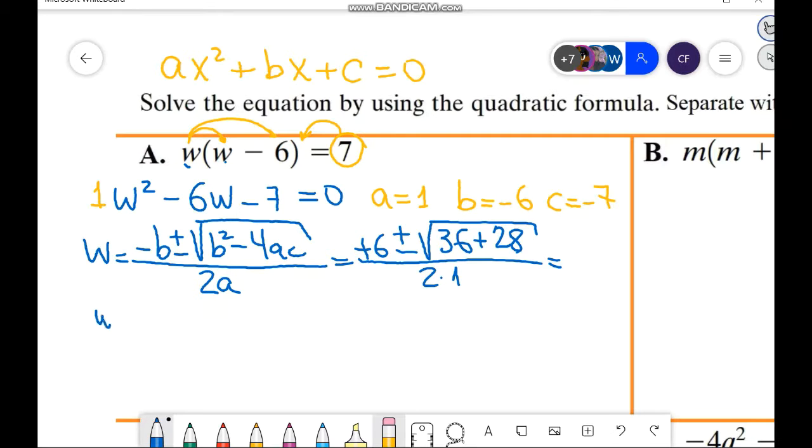And we will have w equals 6 plus or minus square root of 64 over 2.